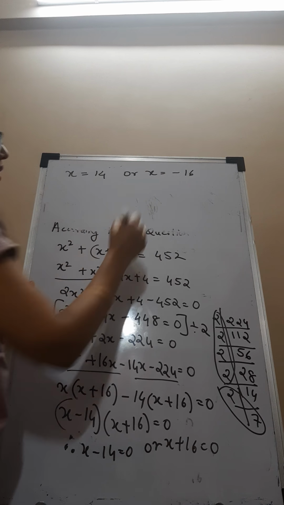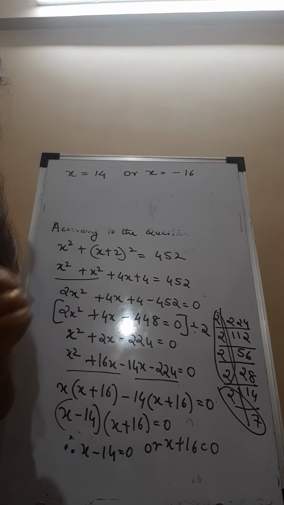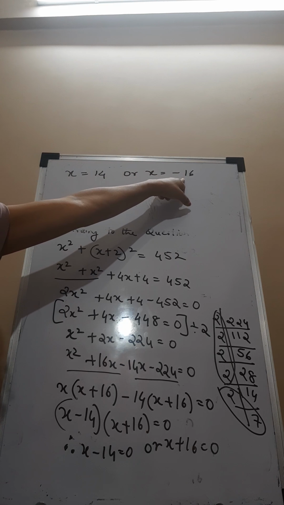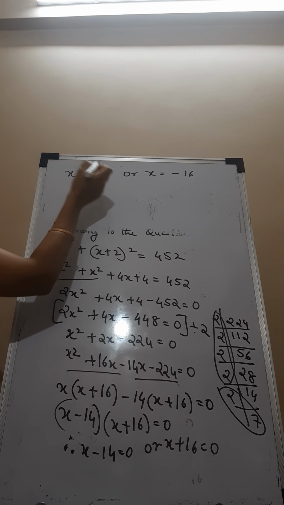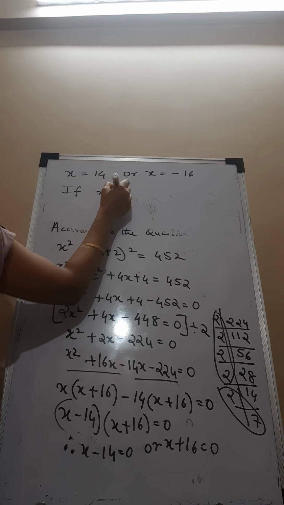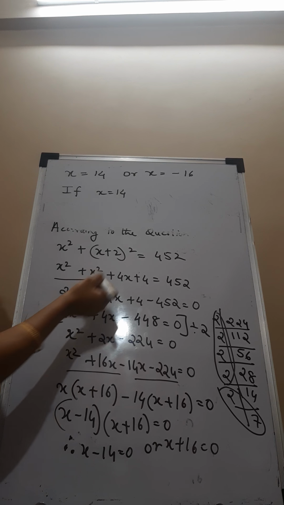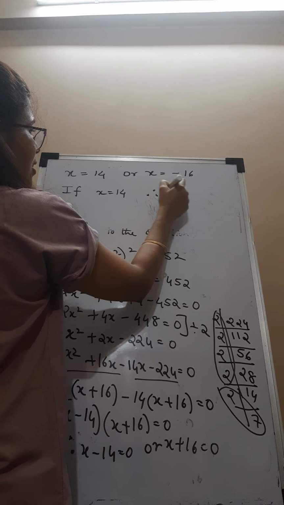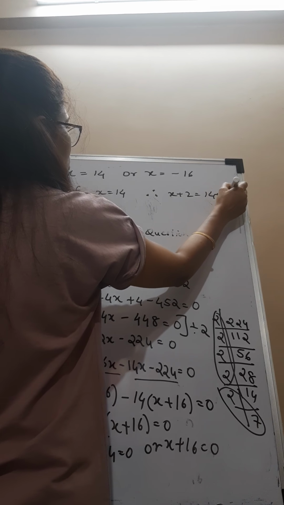Now as we know, in the question it was clearly mentioned that we want even positive numbers. So we ignore this minus 16, and we consider x is equal to 14. So if x is equal to 14, which we had considered as one number, what will be the other number? Therefore x plus 2 is equal to 14 plus 2 is equal to 16.